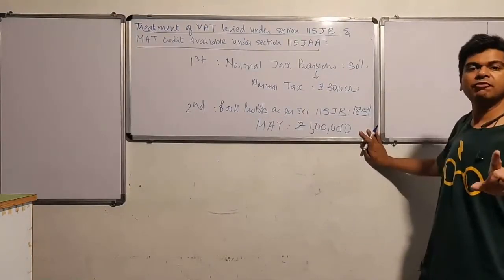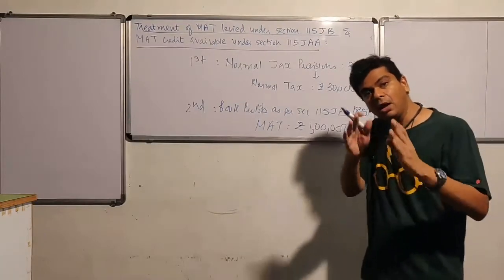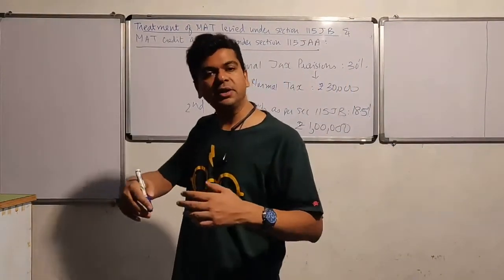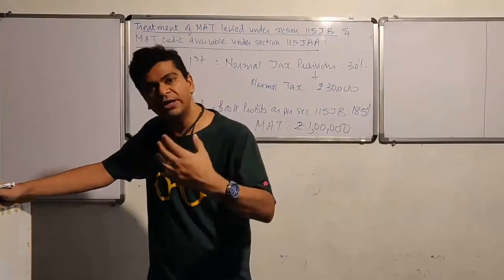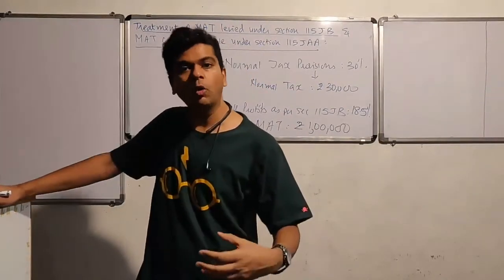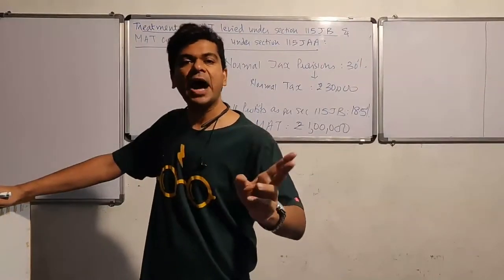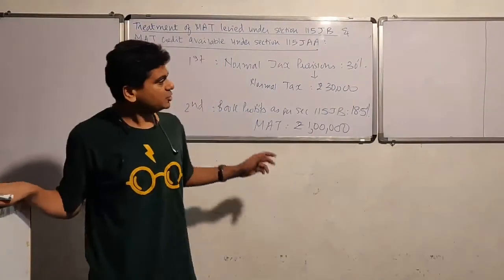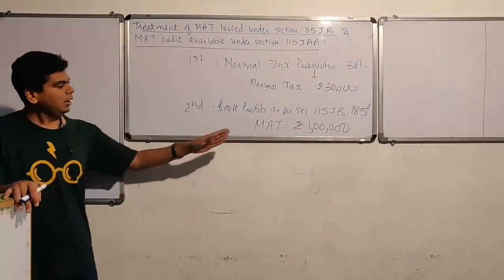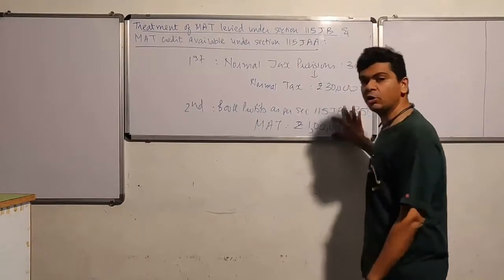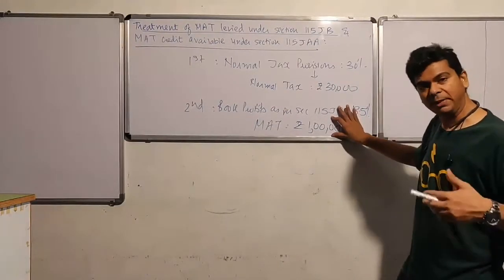Section 115 JB says that when 115 JB is applicable, find out the tax as per the book profit concept, and also find out the tax as per the normal tax provisions, and whichever is higher is payable. As you can observe in our illustration, minimum alternate tax is turning out to be higher. So 1 lakh rupees of minimum alternate tax is payable.